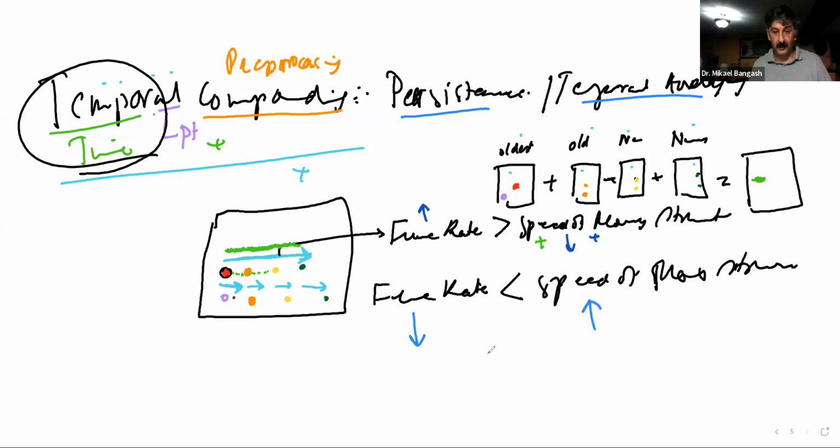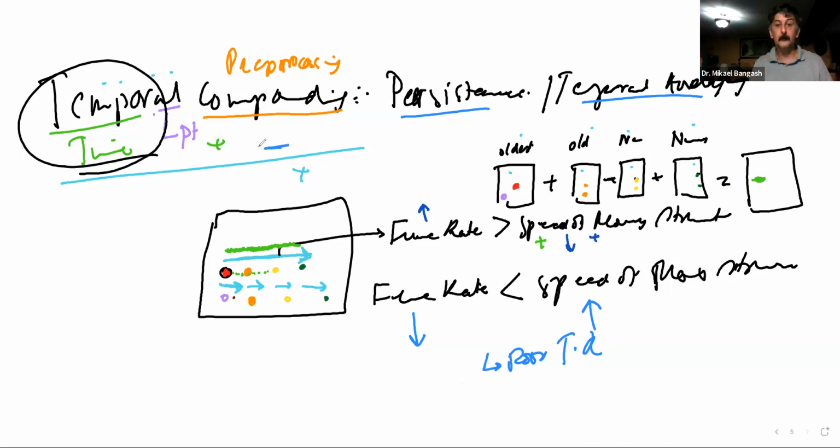That will lead to a poor temporal resolution, which is a disadvantage of temporal compounding.